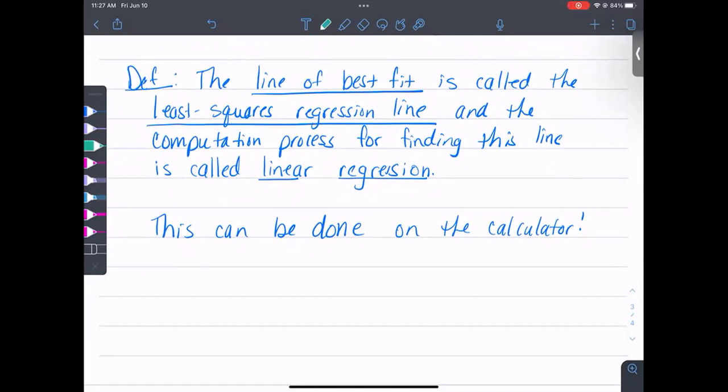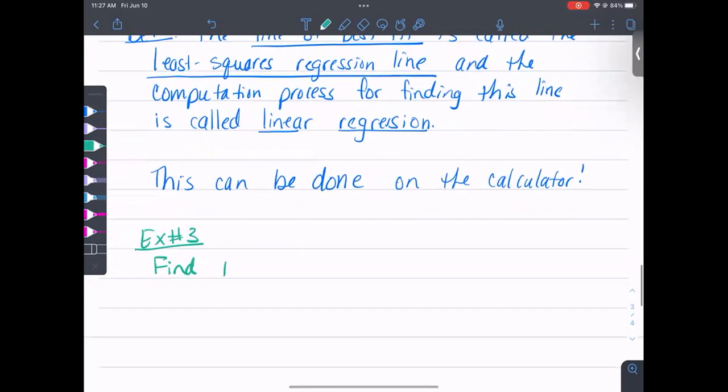So for example, number 3, we're going to find the line of best fit for the data in example 1.